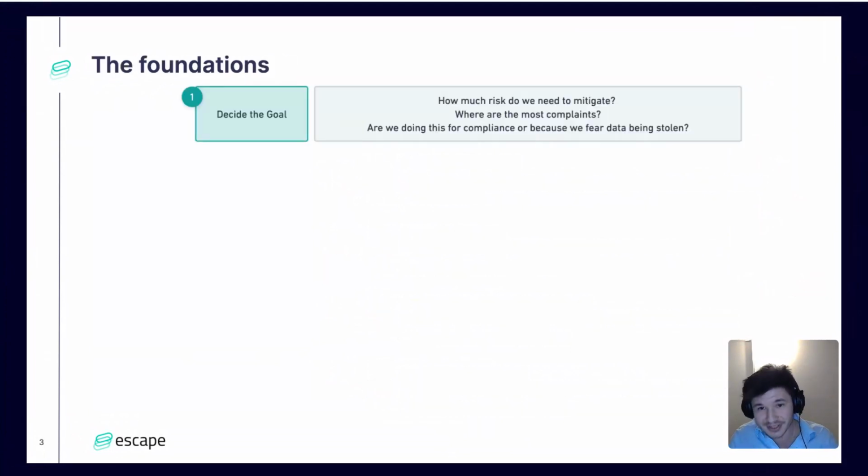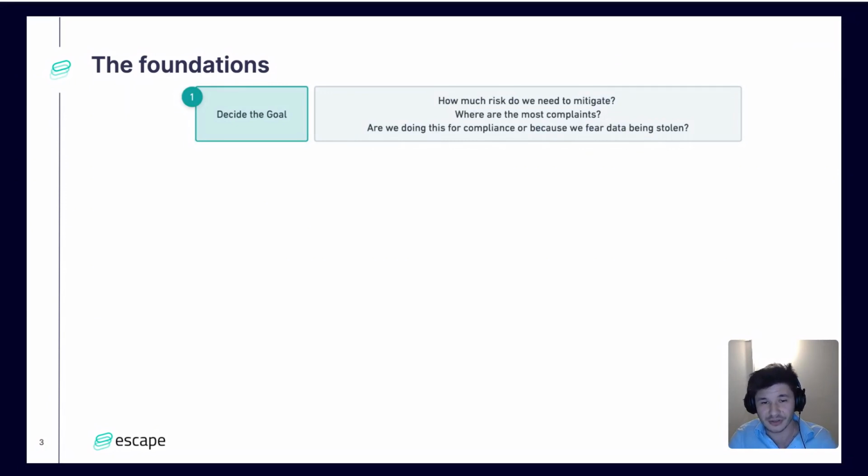First, before starting to create the roadmap itself, the first important topic is to decide what the goals are. Why are we working on creating a product security roadmap? What is the objective that we want to achieve? Especially, what kind of risk do we need to mitigate with product security for the company? How important is the product inside of the company, and what are the risks threatening the product?